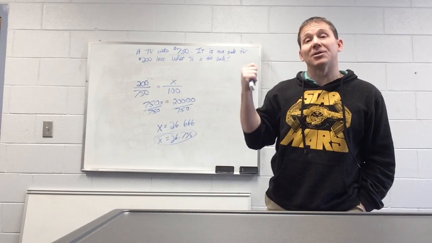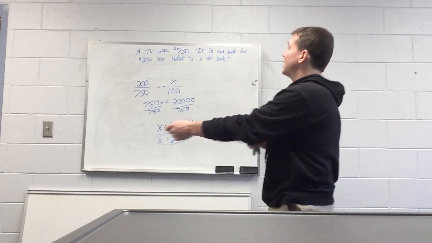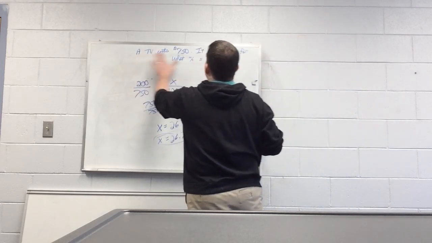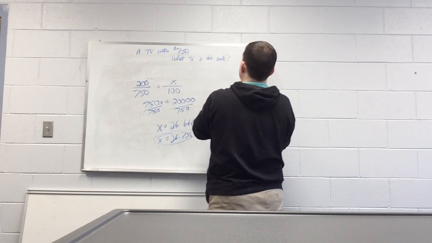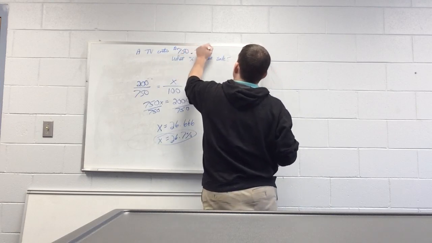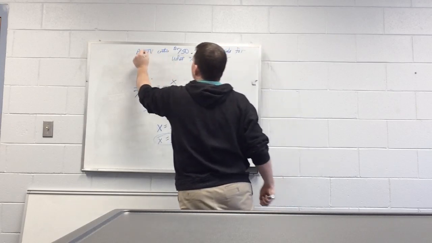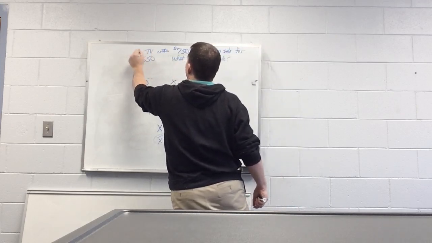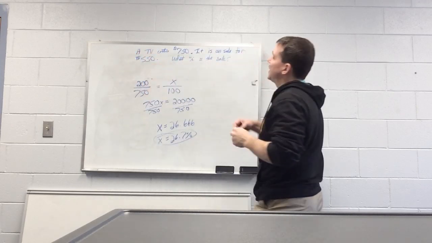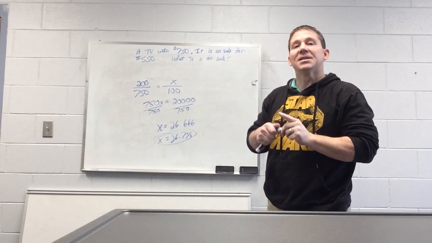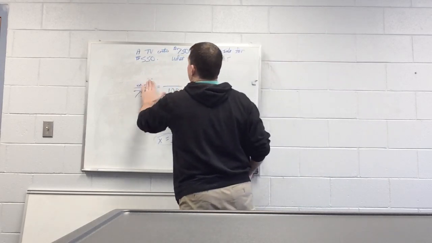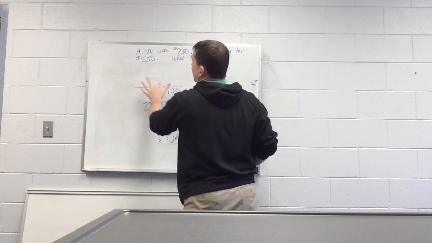Keep in mind, just really quickly to kind of rewrite this problem, we could say it is on sale for $550. What percentage is the sale? The setup would be the same, where we would say, oh, I'm looking for a percentage, do a proportion.